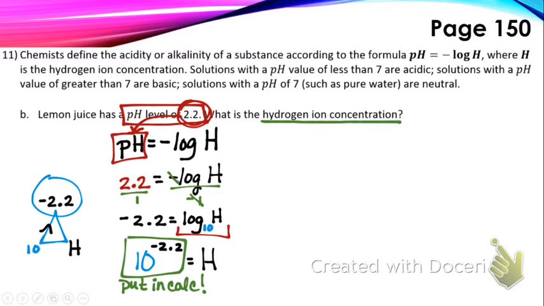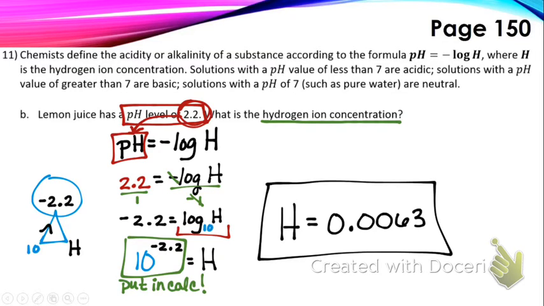This comes out to be really small, so when the zeros stop on the calculator, I still want 2 numbers. So h is equal to 0 point, how many zeros are there? 2 zeros after the decimal point, and then give me 2 more numbers: 6.3. Some calculators will give this back to you in scientific notation.